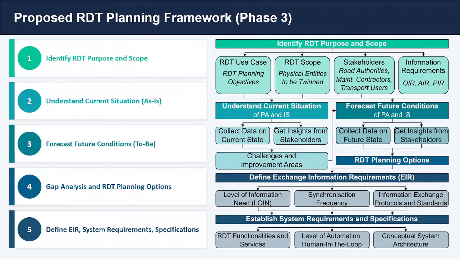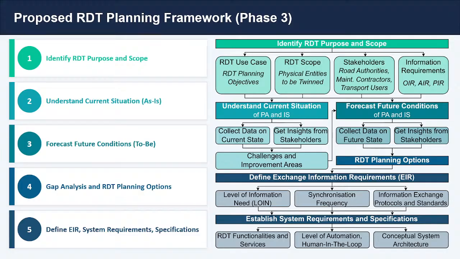In the third phase, we derived our raw digital twin planning workflow by making a comparative analysis of the information system and physical asset planning process workflows. So we wanted to understand what the similarities and differences were to decide which key steps we could include in our workflow.